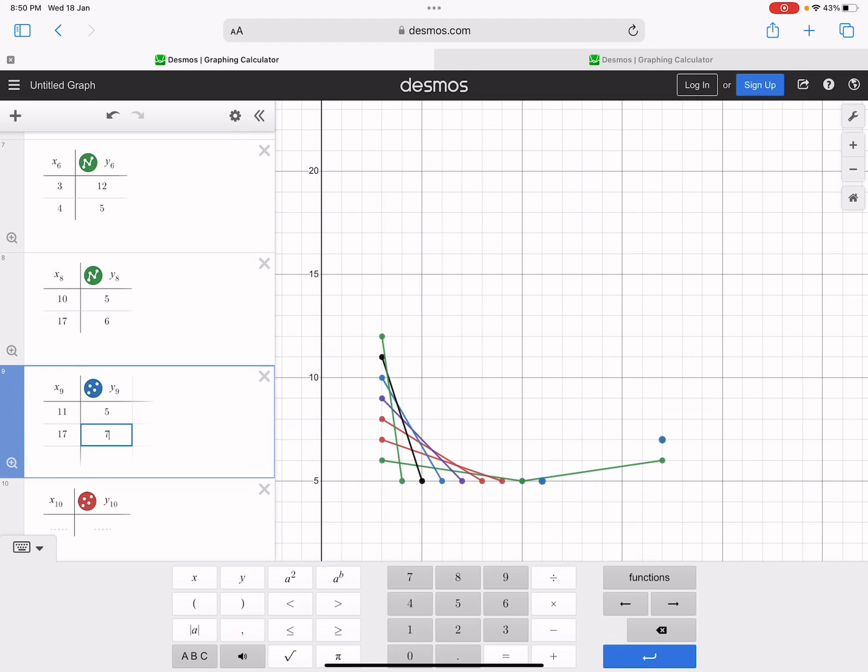Here will be on the 7, the same as it. So this is the line segment. Let's put a line.